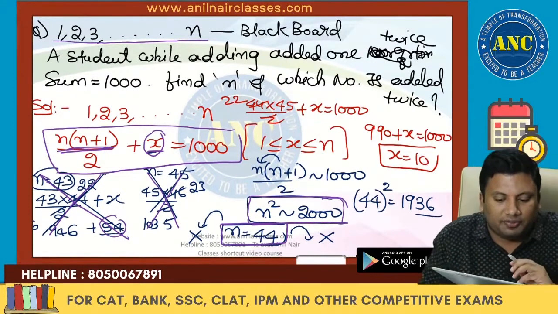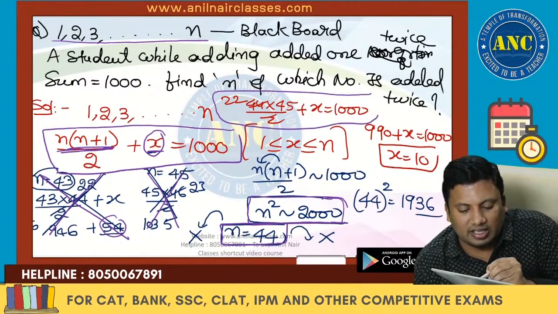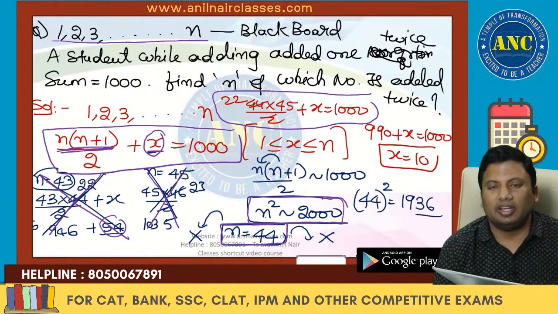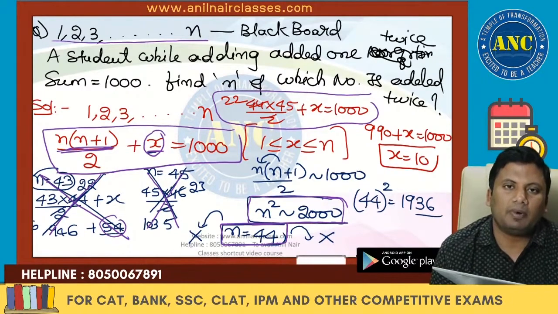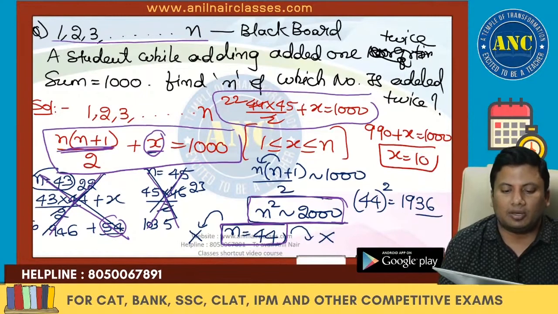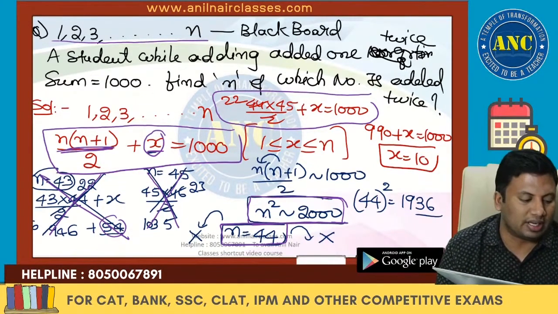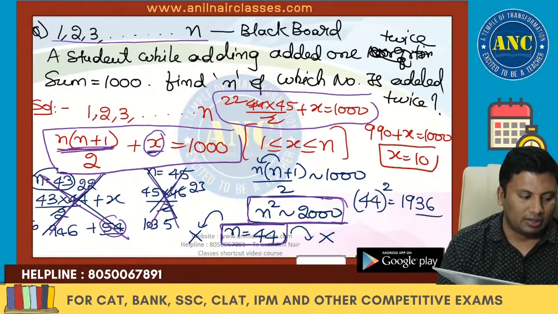So n is 44. 44 into 45 by 2 plus x is 1000. X value is nothing but 10. The number added twice is 10. How many numbers are there on the board? 44. Please ask me any doubts in case you have in the live chat.